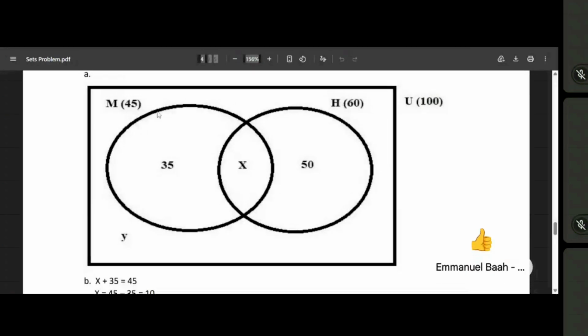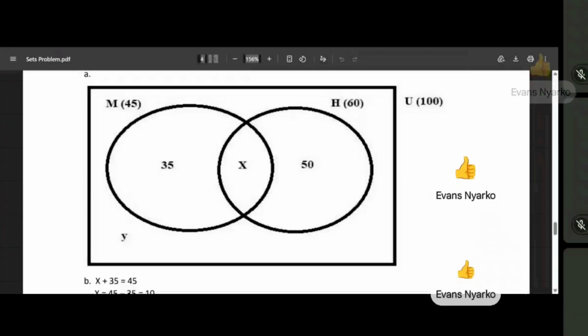Or you use 35 and use 60. When you use 60, you are telling us that x plus 50 is the 60. So you have no business with the x and the 50 again. So you just add 35 to 60 and add your y and equate it to 100 and make your y the subject. Okay. There are many ways of killing a cat.